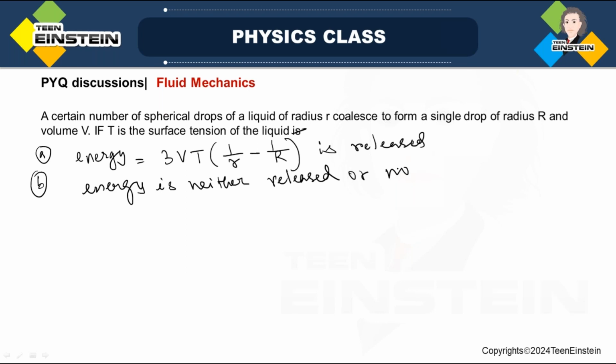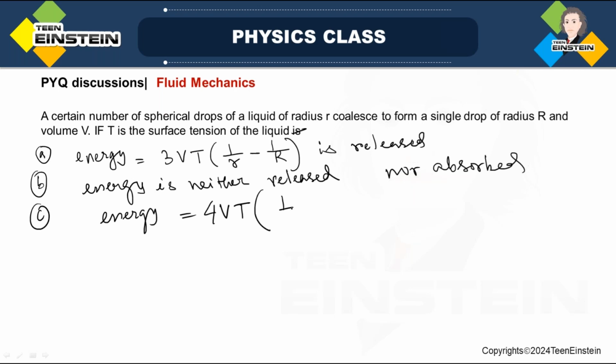Option C says energy equal to VT into this factor, 1 over small r minus 1 over capital R, is released.